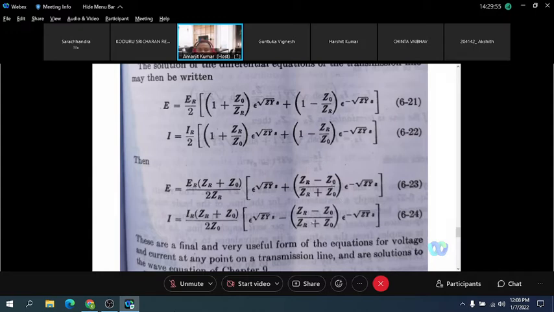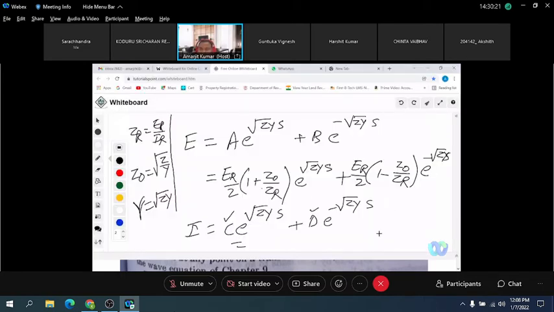But here ZR minus Z naught upon ZR plus Z naught, we will see this is the reflection coefficient. We will define reflection coefficient. So this is the reflection coefficient at the load receiving end. What do you say for this term, tau or what?